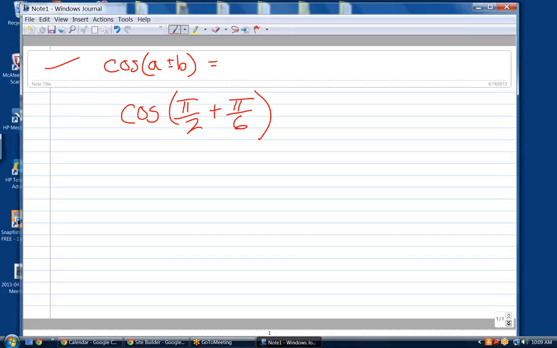I also know that the sign is opposite for the cosine sum and difference. And I know that it's cos, cos, minus or plus, sine, sine. So, remembering what it is, well, it must be cos A, cos B, and minus or plus sine A, sine B. So that's kind of the way I memorize it.